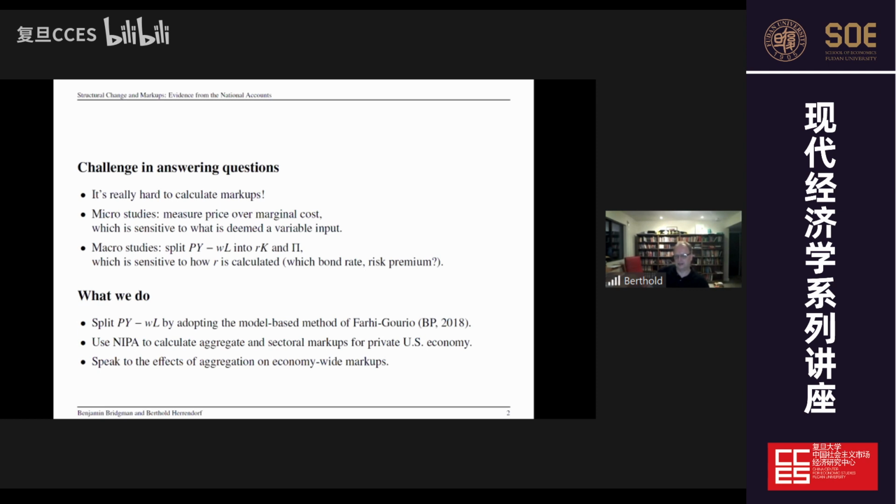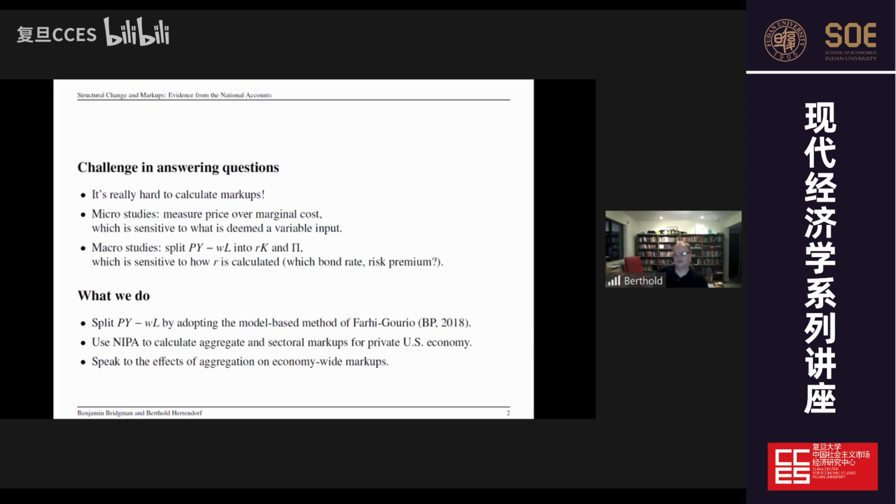In perfect competition, the profits are zero, so PY minus WL is just payments to capital by definition. But if you assume that there is some market power, you can no longer make that assumption. So you have to somehow calculate RK in order to come up with an estimate of pi, the profits, and then you can calculate markups.